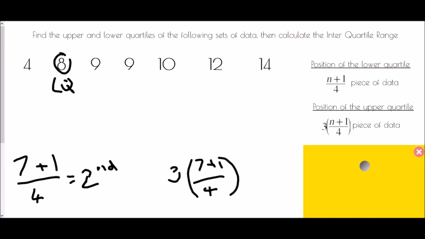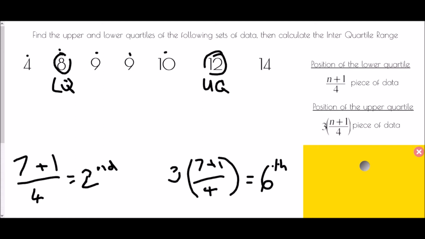And so that would be 3 times 2, which would mean the 6th piece of data. And so again, if we count through 1, 2, 3, 4, 5, 6, there it is. Our upper quartile would be 12.